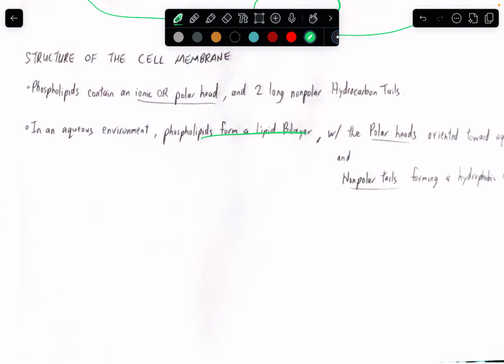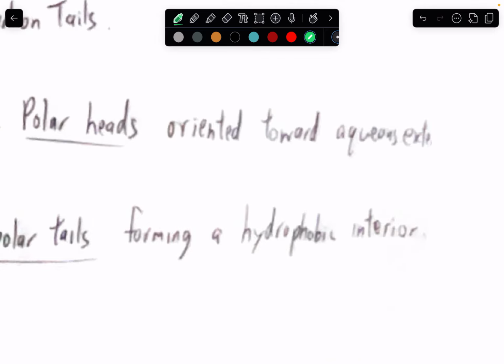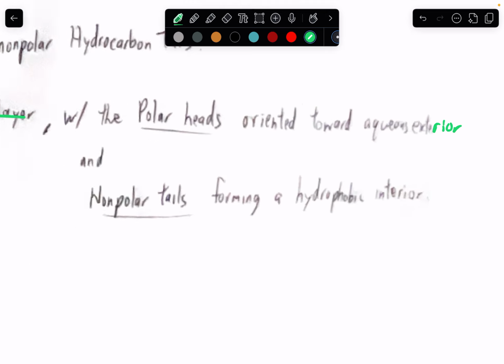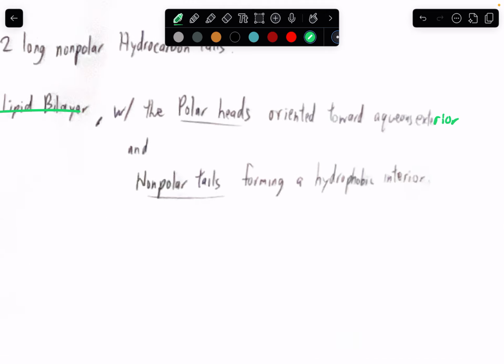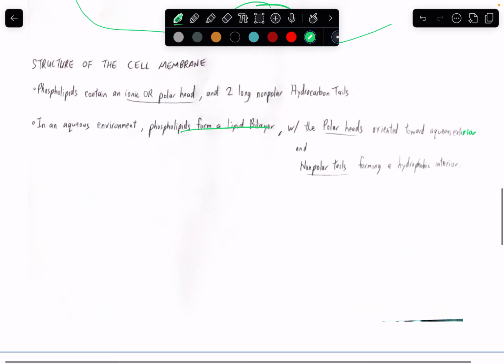Ito, phospholipid bilayer. Sa ano to biology. So, polar heads oriented towards the aqueous exterior. Non-polar tails forming a hydrophobic interior. Do you remember this?